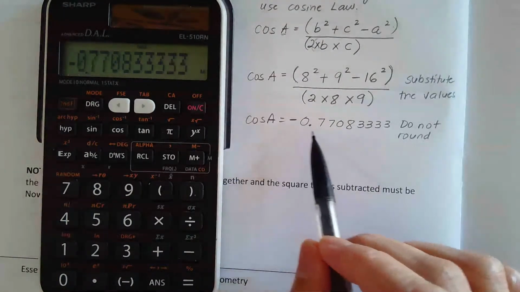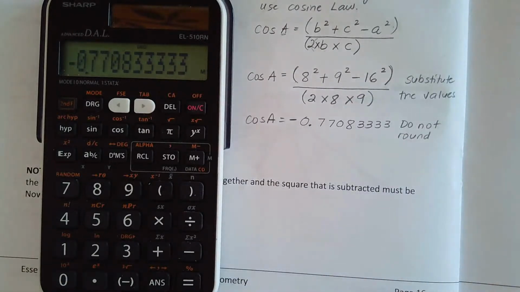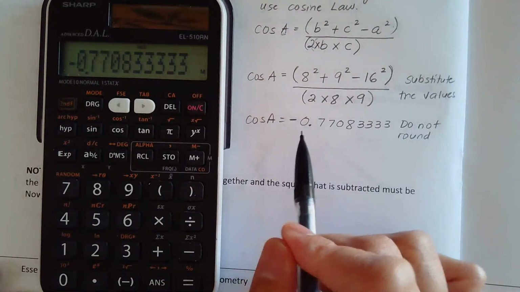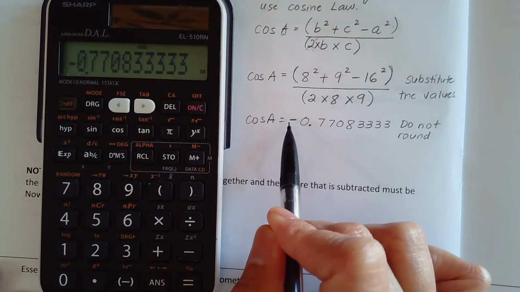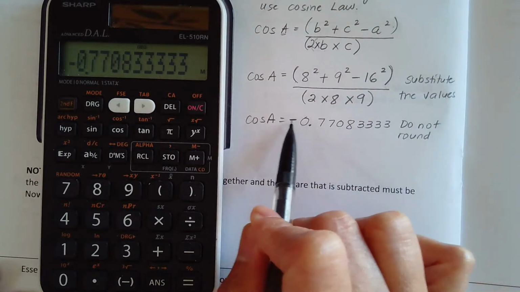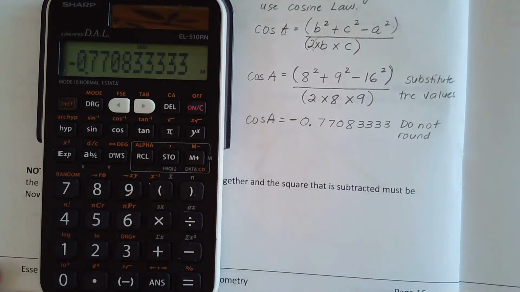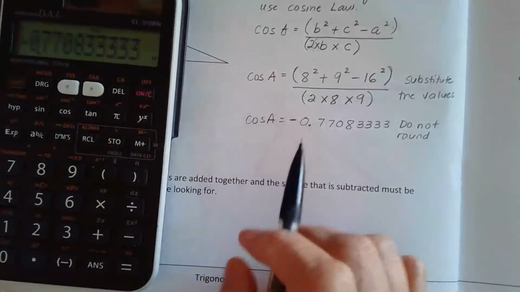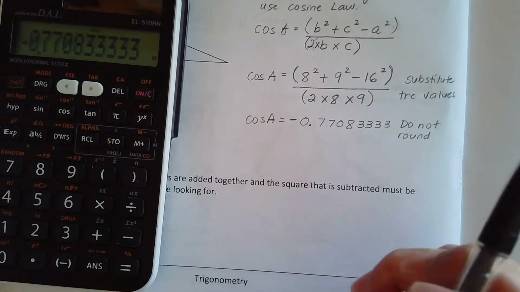That topic is talked about in pre-cal 4DS, so don't worry about it. What we're just wondering is, keep the decimal, all of them, and if there's a negative, keep the negative. The next step, we're down to the last and final step.